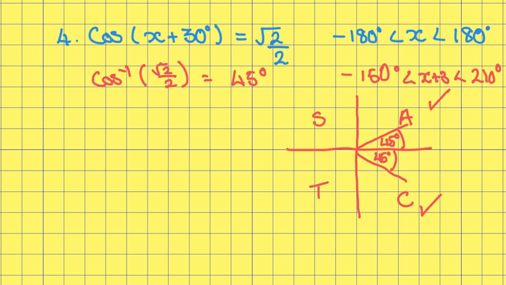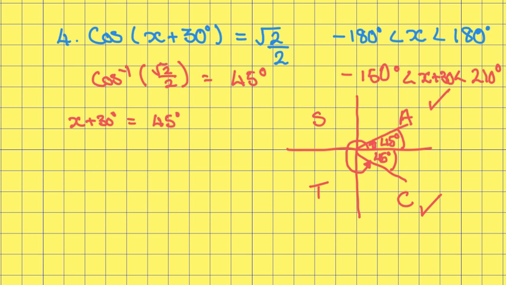So the first angle is this angle here. So x plus 30 can equal 45 degrees. If I keep going round all the way there, well, that is 315 degrees, and that is not in my domain. So my domain is too large there, so I can forget that angle.